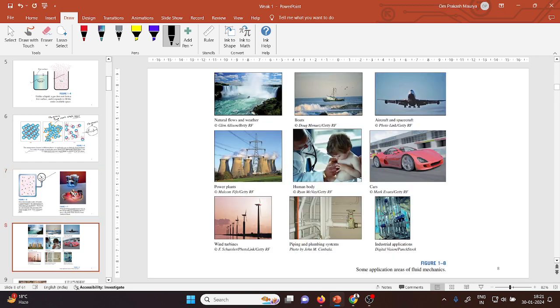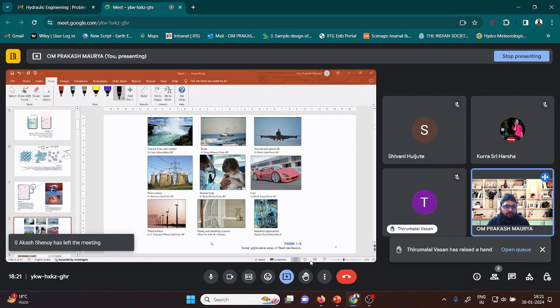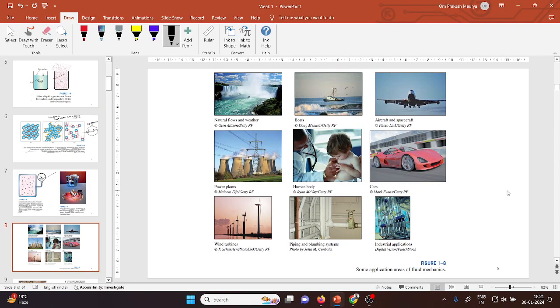Now coming to the next, here you can see lots of applications: the aerodynamic ship, the dam, electric, medical and automobile, pipe fittings, wind turbine, and industrial applications.